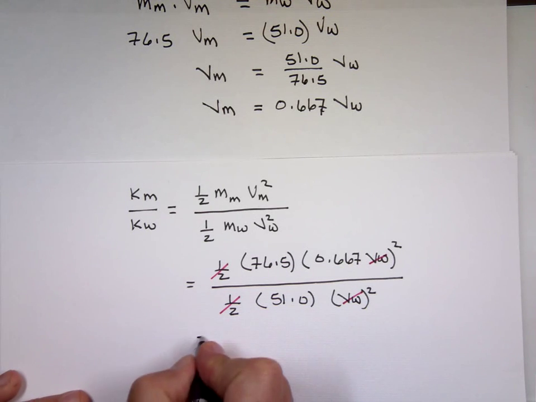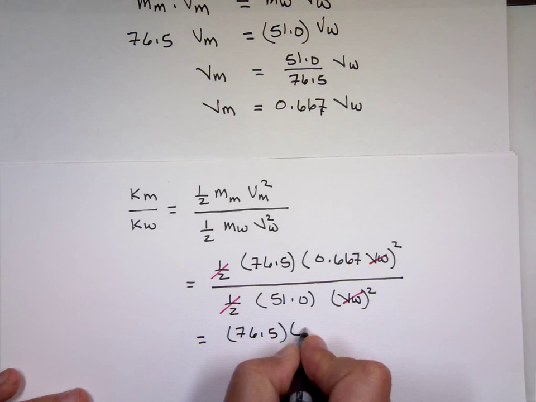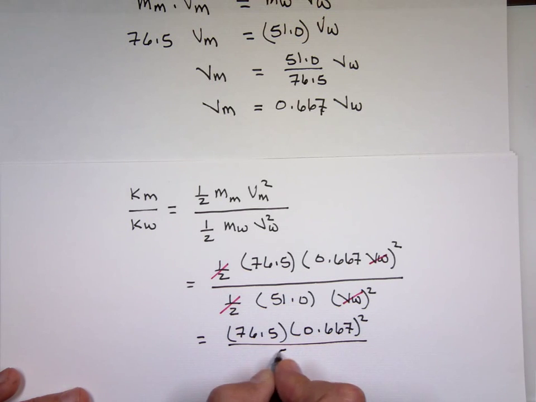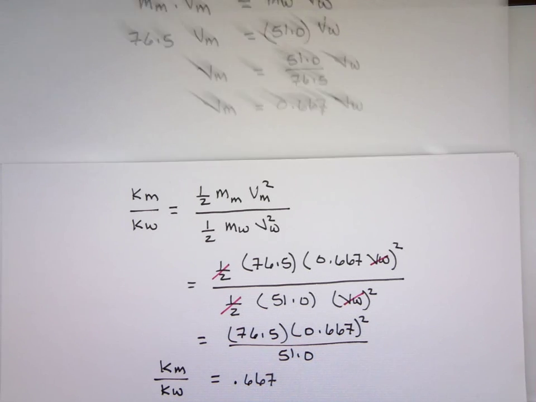So mathematically this will be 76.5 times 0.667 squared over the 51.0. And that answer is 0.667. So the ratio of the kinetic energy of the man to the kinetic energy of the woman is 0.667. That was question number 1, part A and B.